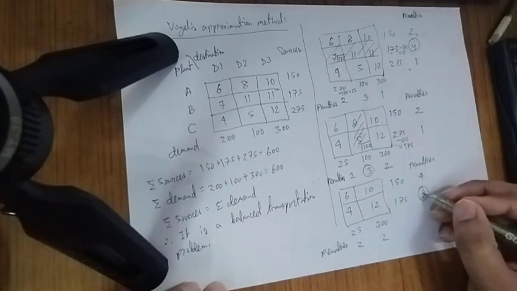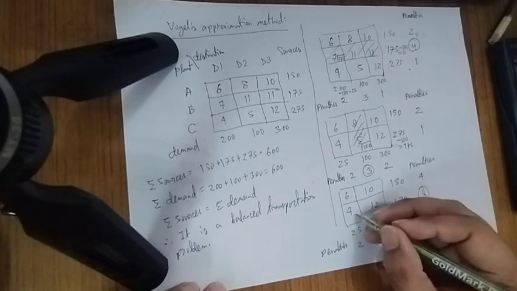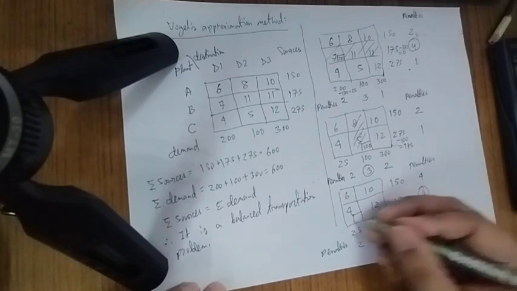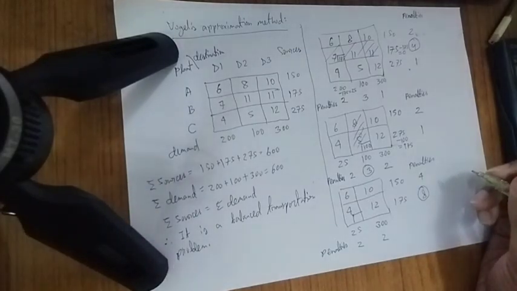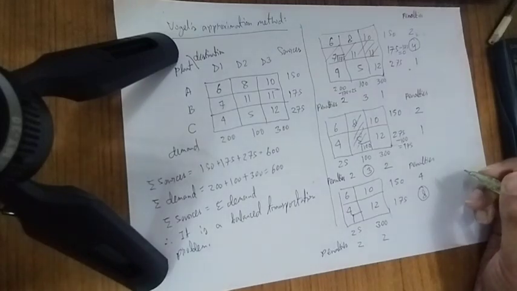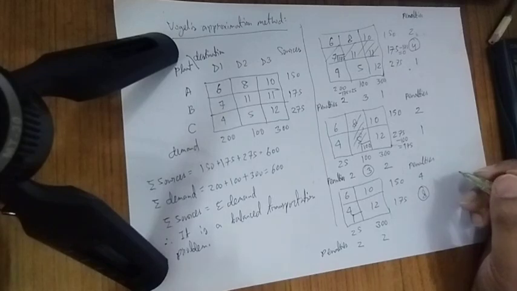So we have to assign 175 to the lowest unit cost, that is the 4. 100 is already assigned.